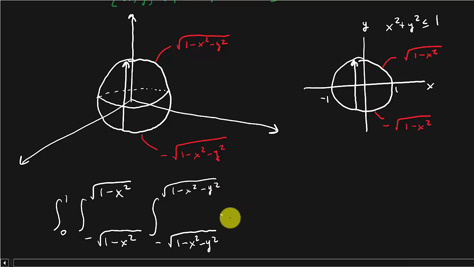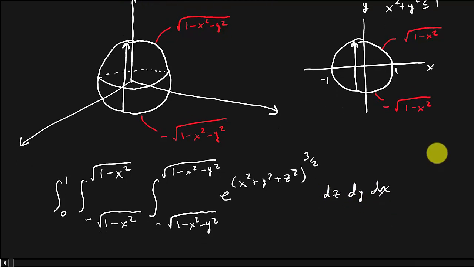And then that would be e raised to the x squared plus y squared plus z squared raised to the 3/2, and that would be dz, dy, dx. So if we were doing this in rectangular coordinates, that's what you would be integrating. And that doesn't look fun at all, does it? Okay, so there it is set up in rectangular coordinates.